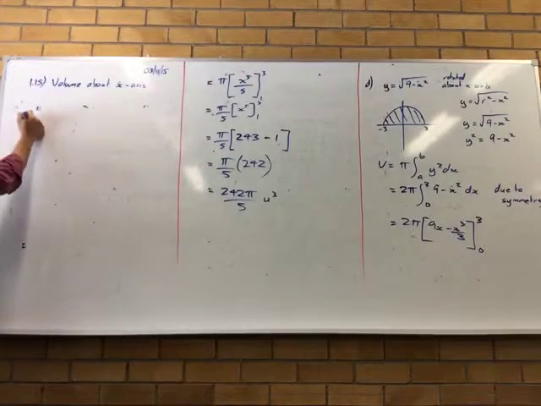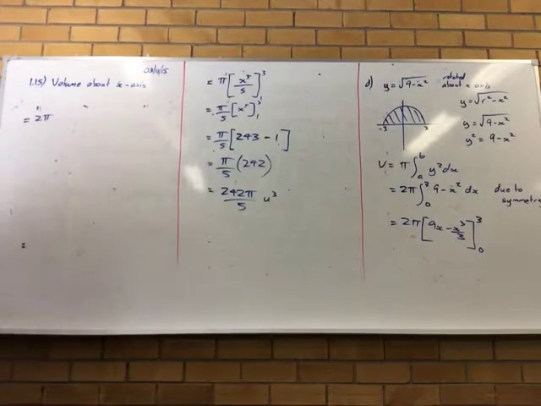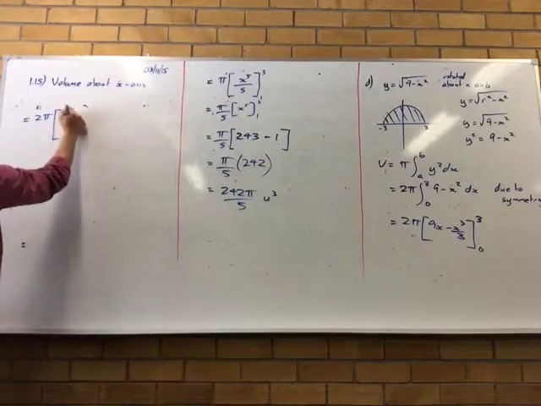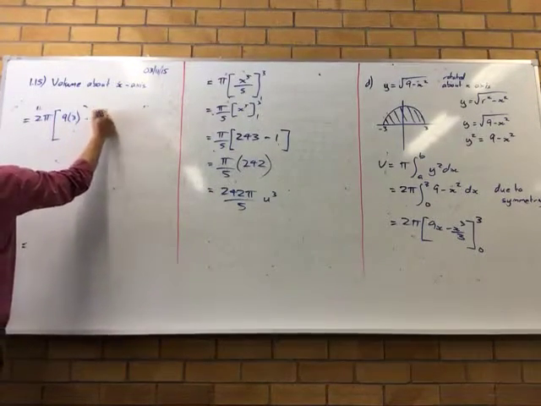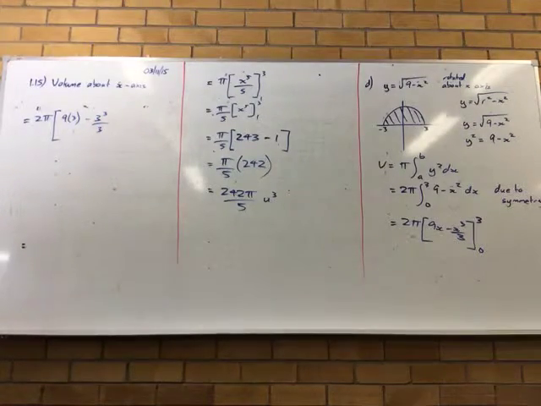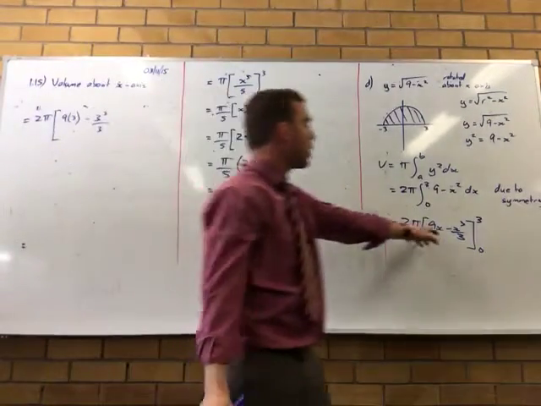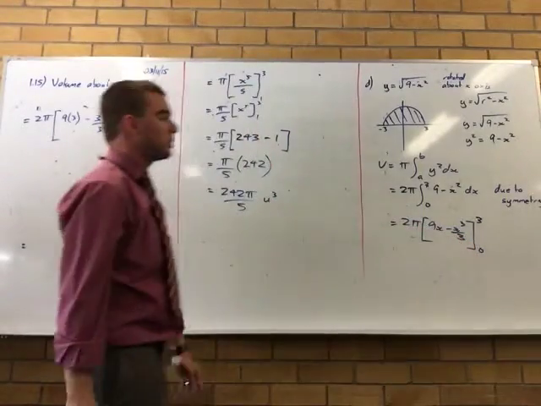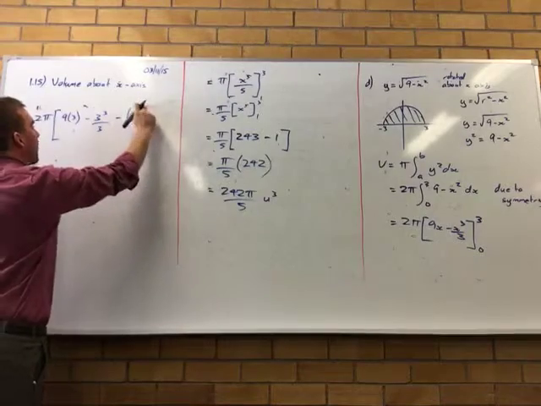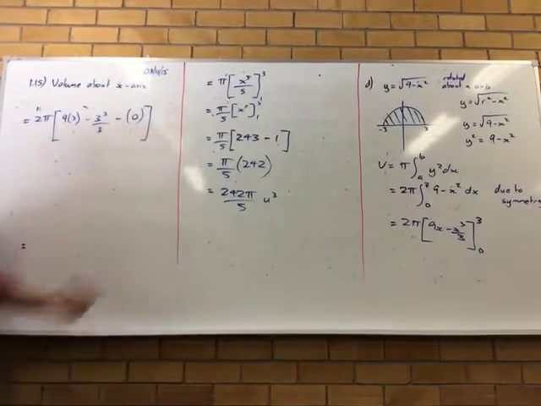Alright, so equals 2 pi. So we have 9 lots of 3, take away 3 cubed over 3. And again, I'm observing that when I substitute in 0, both these terms have x's in the numerator, so I can quickly observe that whole second part is going to go down to 0.